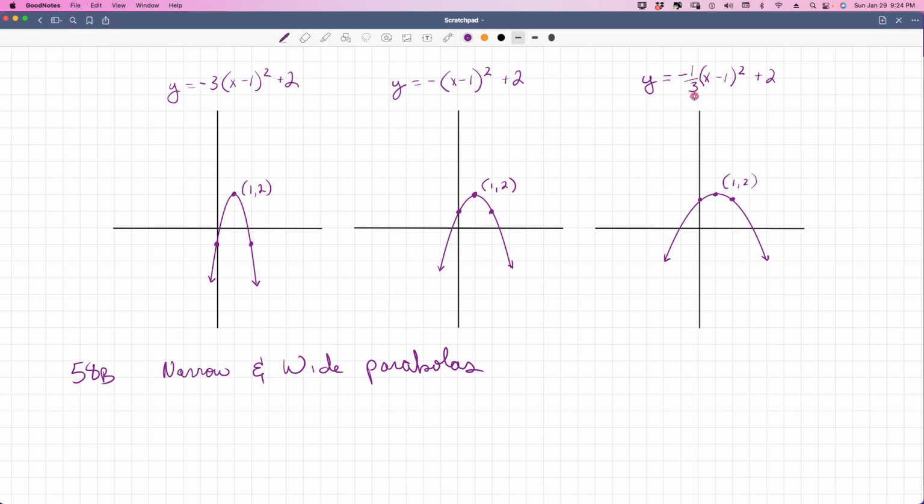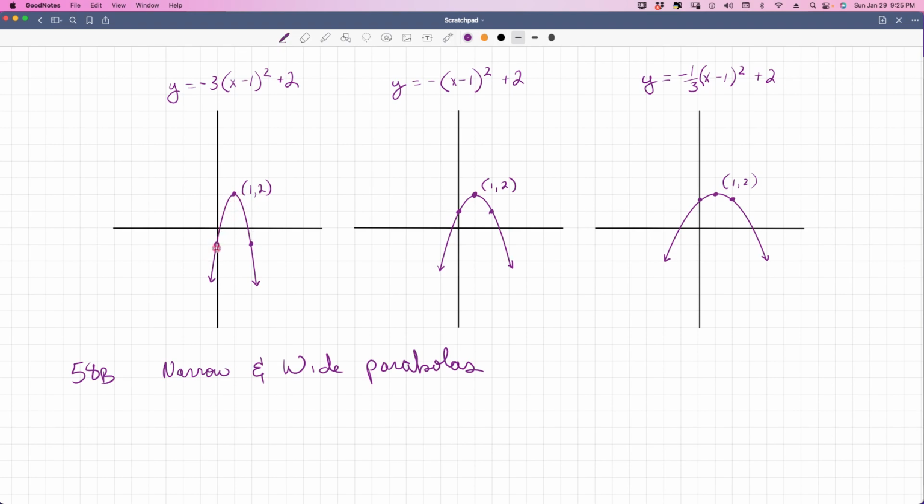But when you have less than 1, in the case of a fraction or a decimal, then your parabola widens and it gets bigger. I think that's due in part to, if you look here, you've got a 3 and you've got a slope of 3 here, 1 to 3 in your vertical space, right? This is your x.